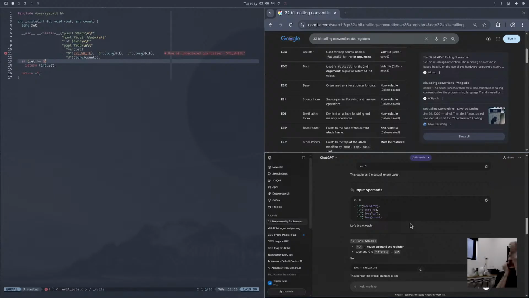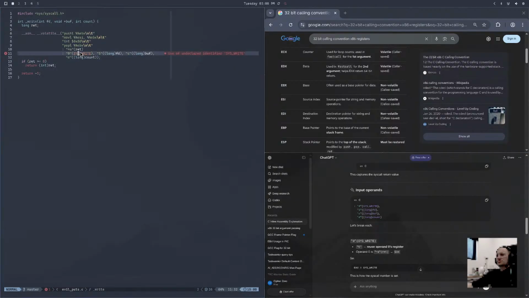How does that work? I don't understand that. We use the operand zero register. Is that because write is the value 0?